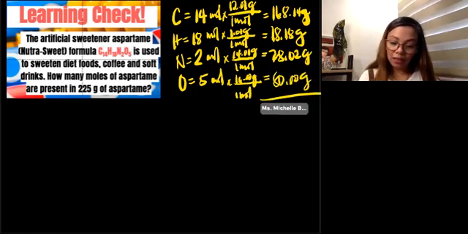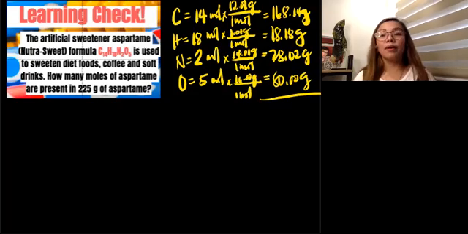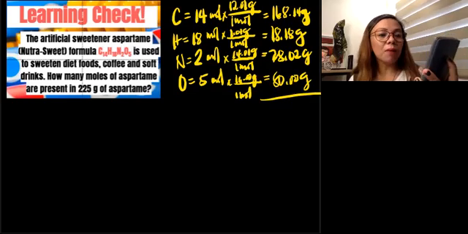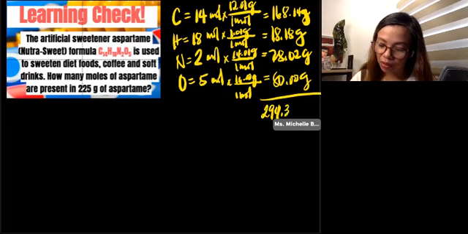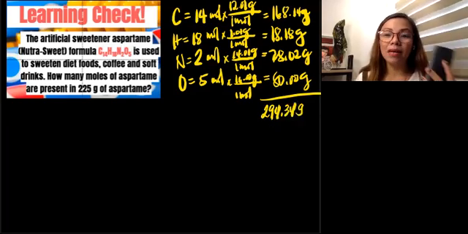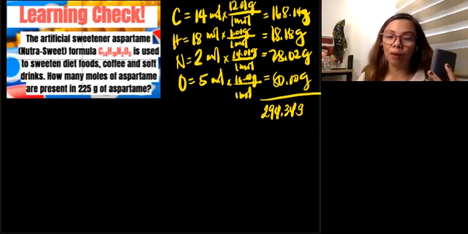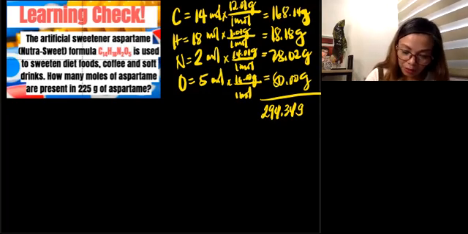We get the total, okay, 80 plus 28.02 plus 18.18. I hope you're with me. 1 plus 1, 168.14. Okay, so it's 294.34 grams, which means to say 1 mole of aspartame is equal to 294.34 grams.